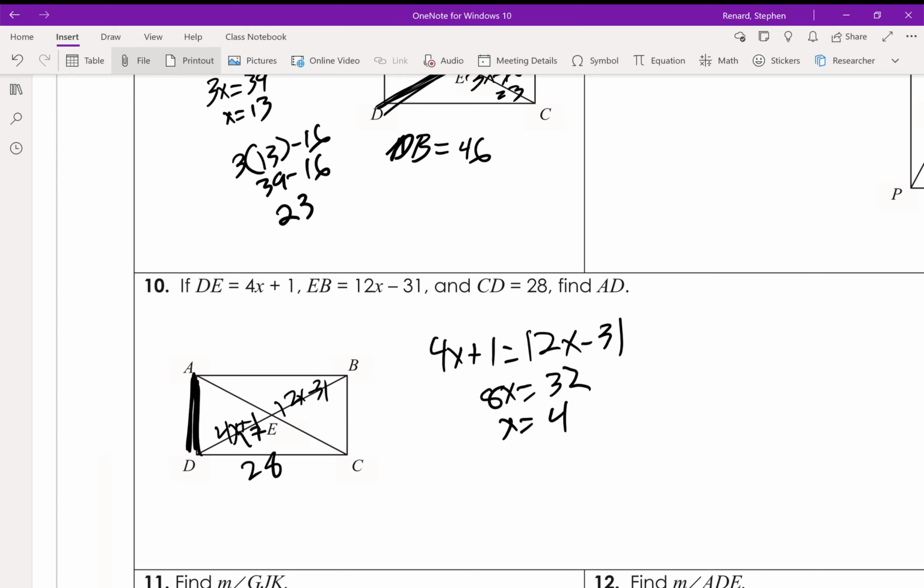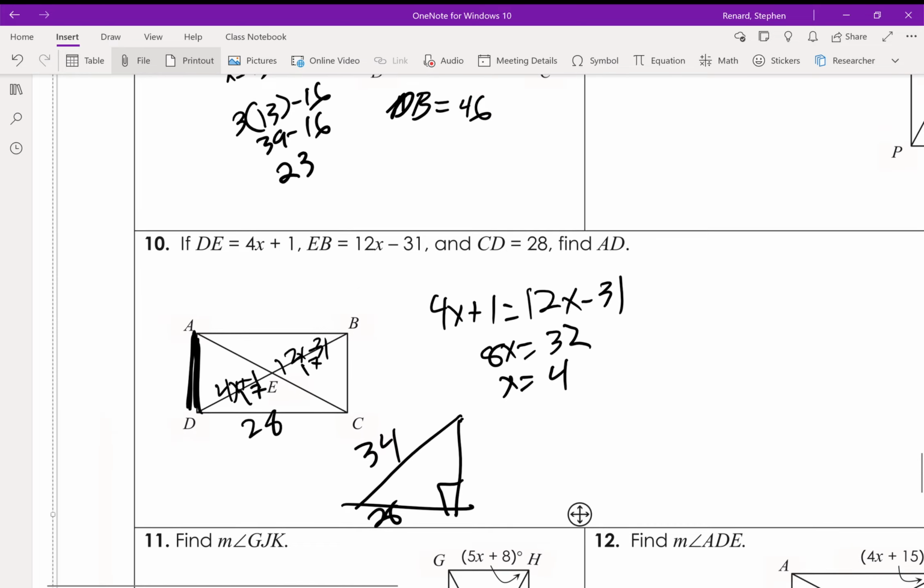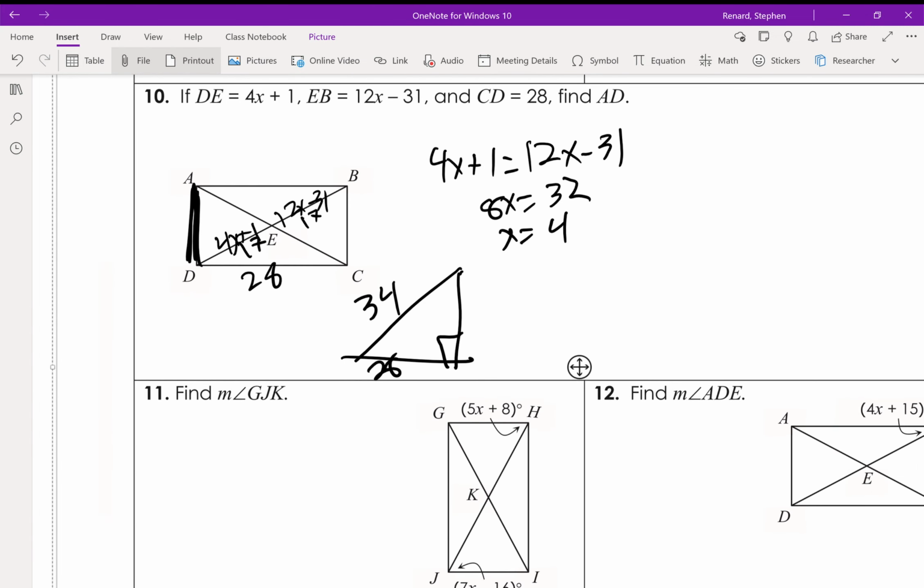So this is 17. This is 17. So basically we have this triangle right here where this is 34 and this is 28. So we need to drop that into the Pythagorean Theorem, and that's how you'd solve for A to D.